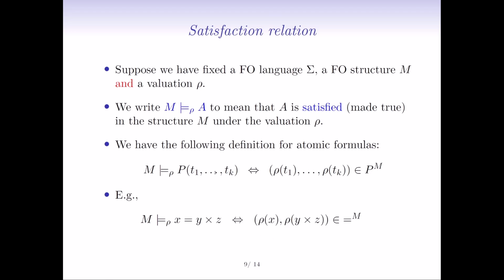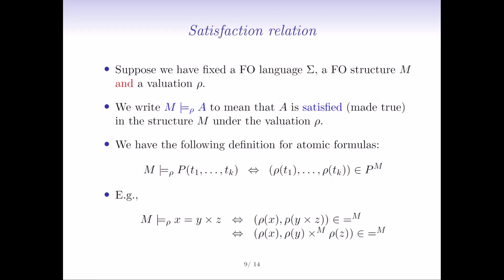So by this definition, that is the case if the interpretation of the two terms, rho of x and rho of y times z, belong to the interpretation of the predicate equals, which is a binary relation on natural numbers.